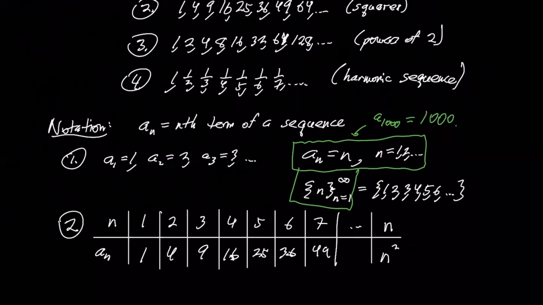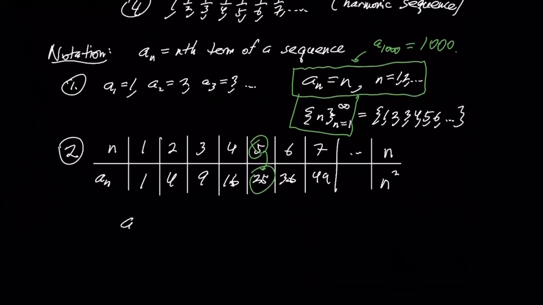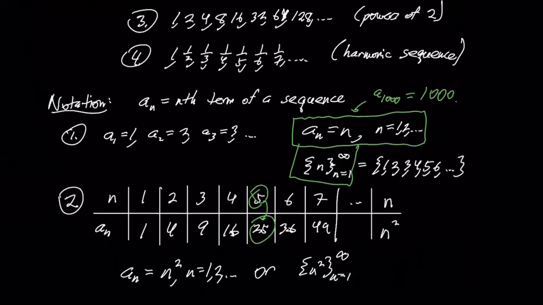And it matches. You can check for any specific one: if I have 5 here, then I get 5 squared here. And so again, we could write that as a sub n equals n squared, starting from n equals 1, or the set n squared, n equals 1 to infinity. Now the third one is where this becomes a tiny bit more interesting.